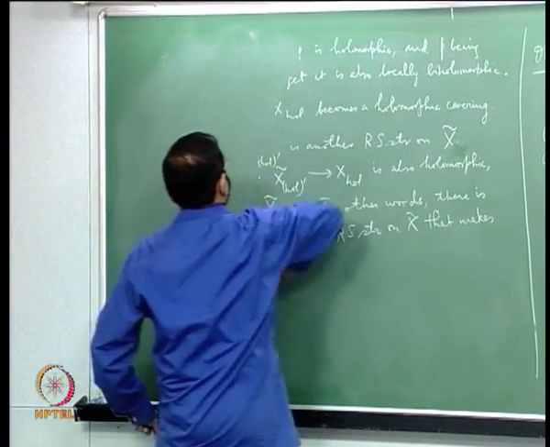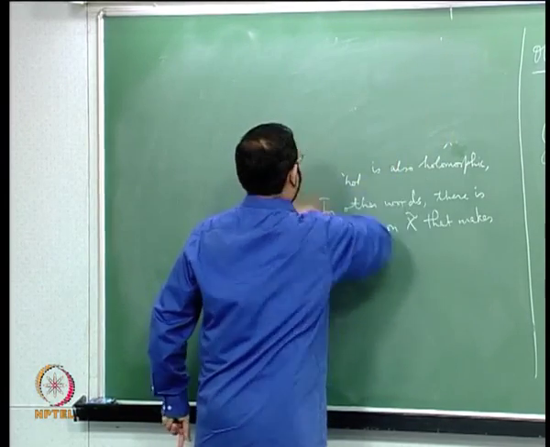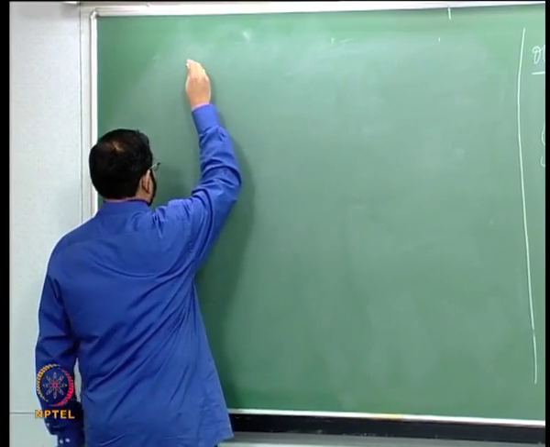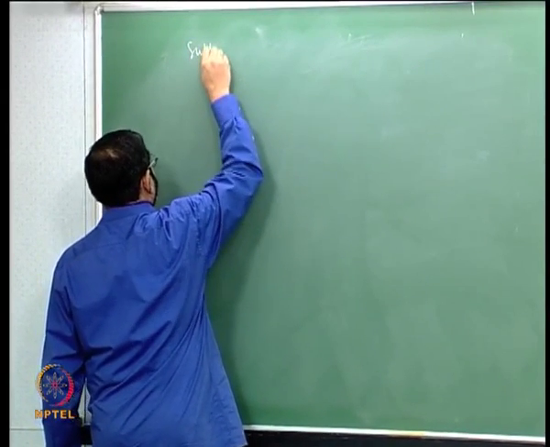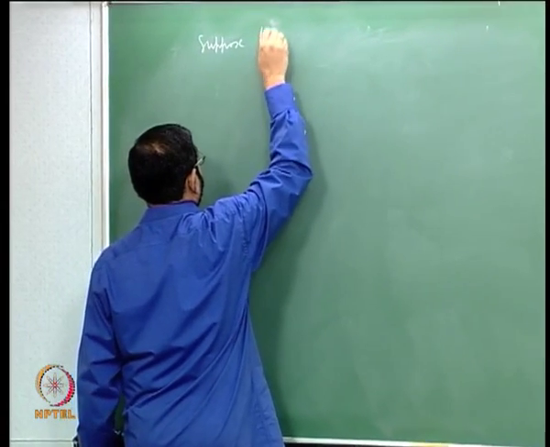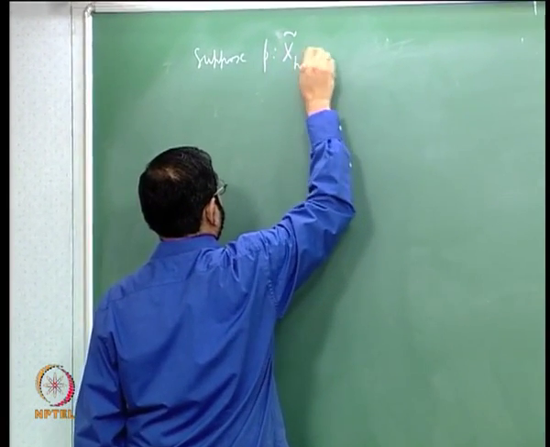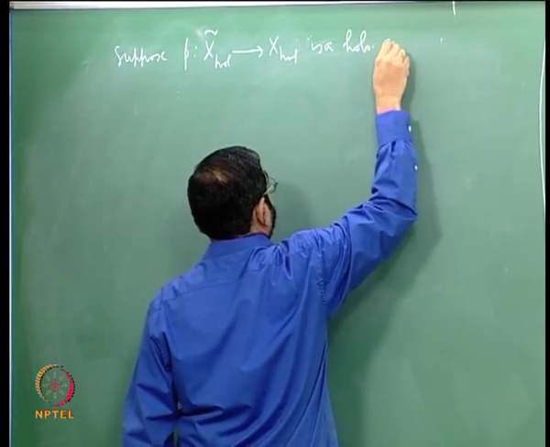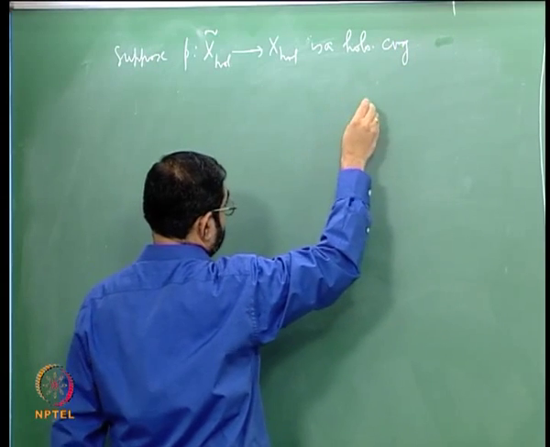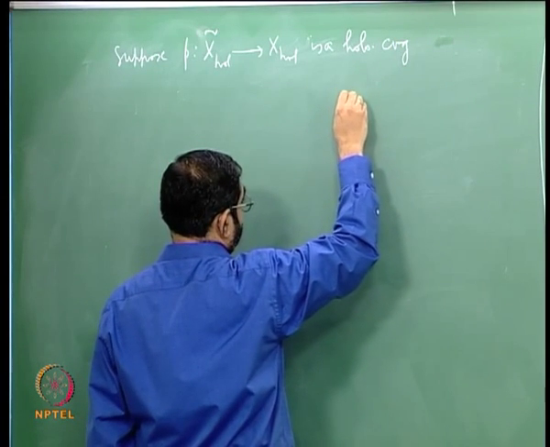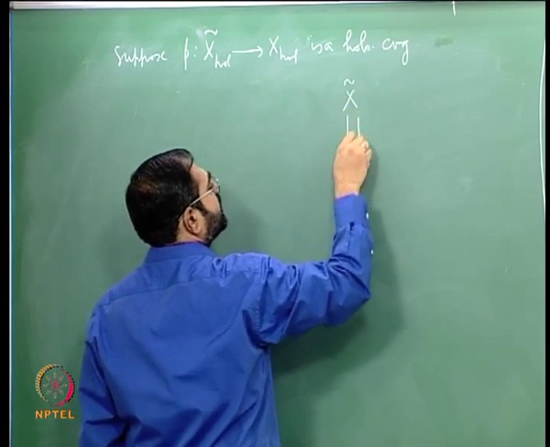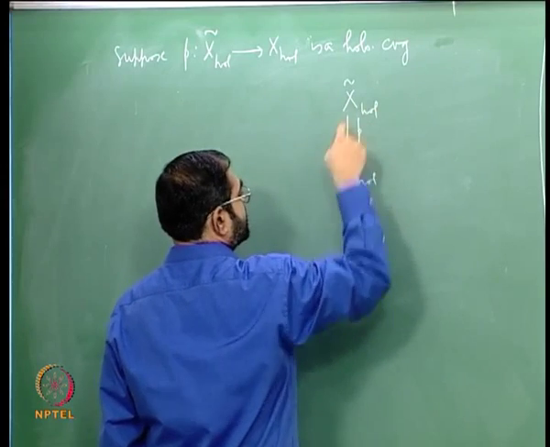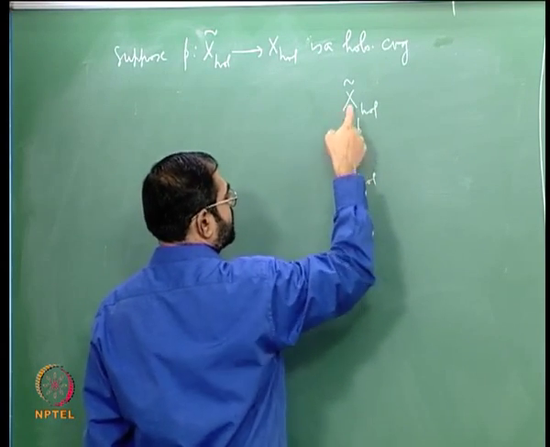Suppose I start with a covering map P from X tilde to X which is a holomorphic covering. So the situation is like this: I have X tilde, I have P, I have X. This is holomorphic, this is also holomorphic, that means these are Riemann surfaces, and of course P is the covering projection.